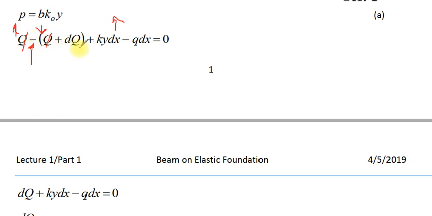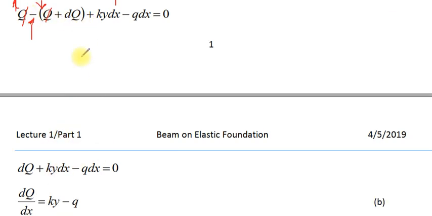Because of this minus, the equation will be dQ equal to Ky dx minus Q dx.